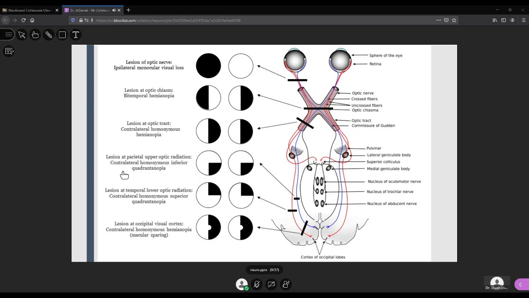All contralateral, except here, which is ipsilateral optic nerve. Pie in the sky is the temporal. This is the temporal. Macular sparing is the occipital cortex damage or lesion.